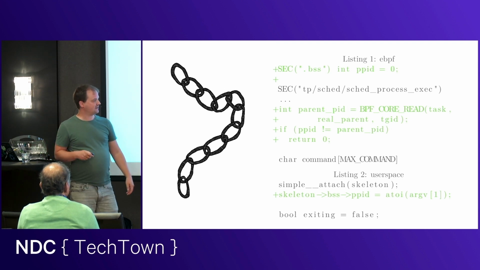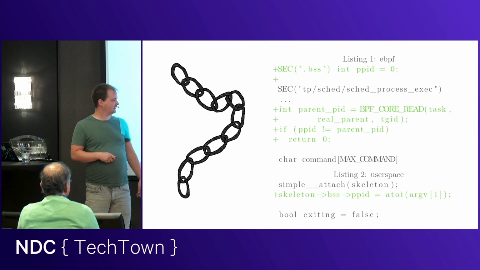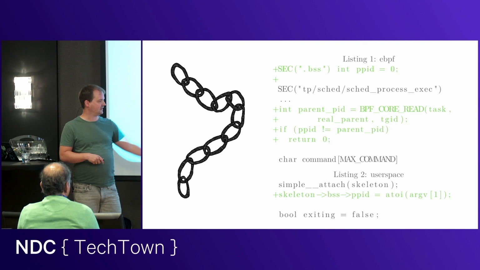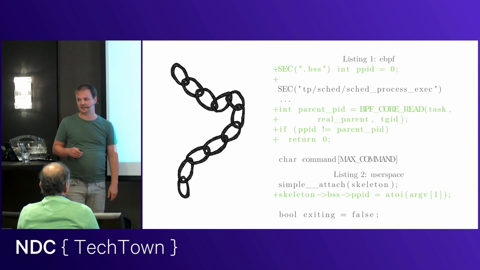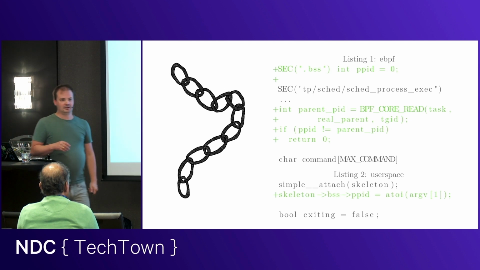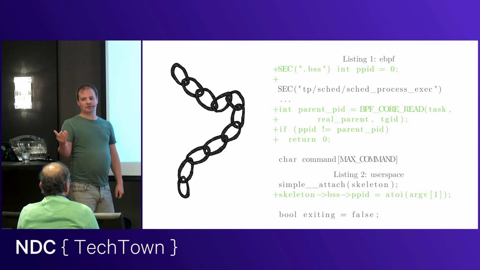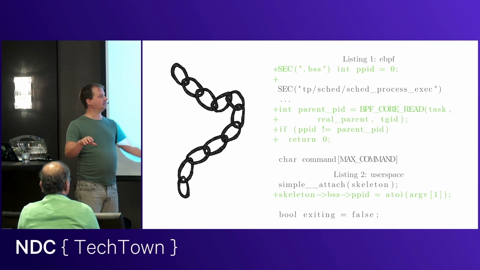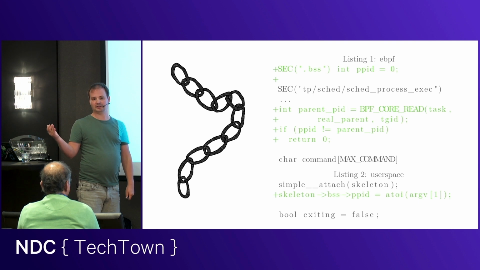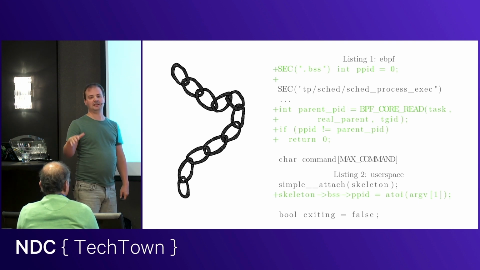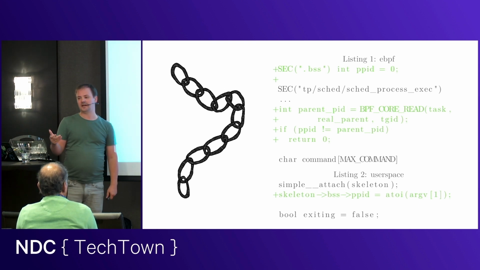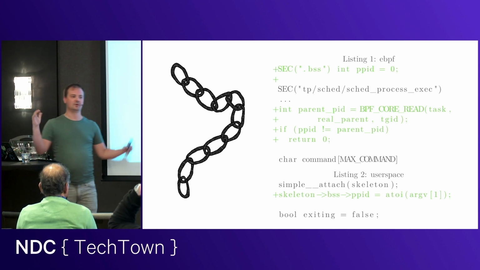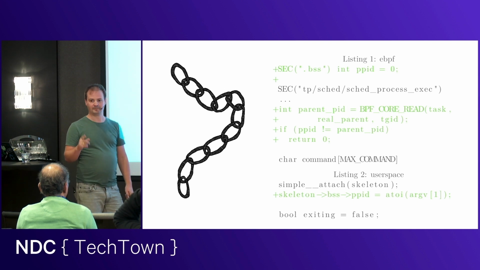And then from user space, I just set the skeleton's BSS ppid to whatever I get from the command line in this case. So basically this is watching one process and then printing out the information that you saw in the trace pipe if it's that parent process that's actually executing. So now I'm not interested in all the processes on the system, just this one.